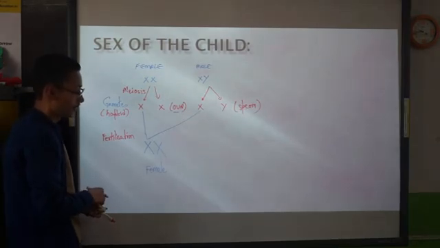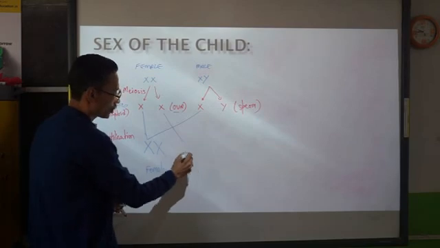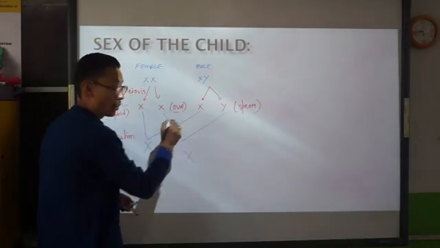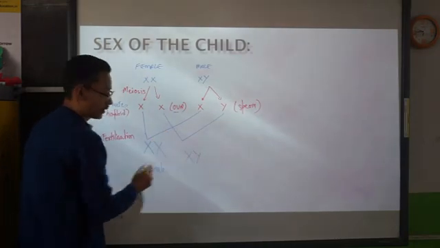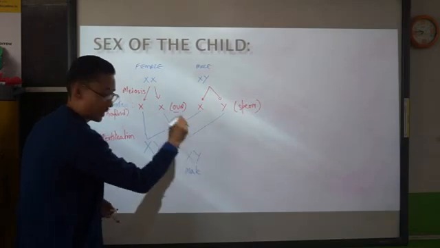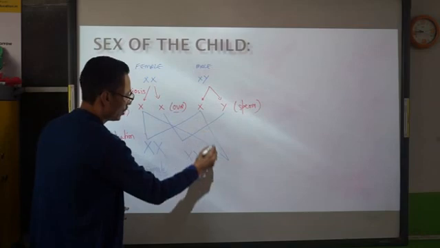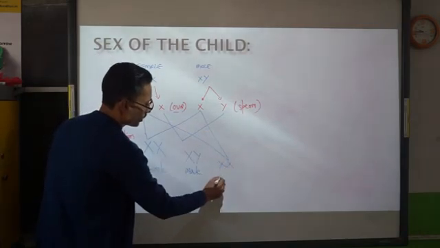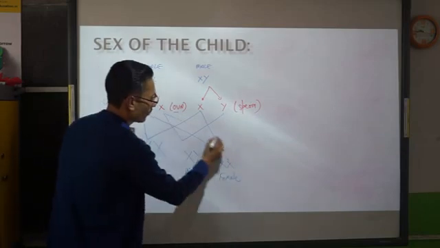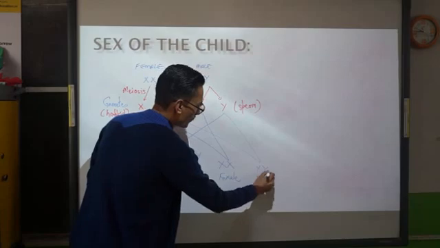Similarly, if the ova bearing X chromosome fuses with the sperm bearing Y chromosome, then the resulting zygote will develop into male. So when we look into the cross, there is always a 50-50 chance of development of a male child or a female child. This will be XY, it will be male.